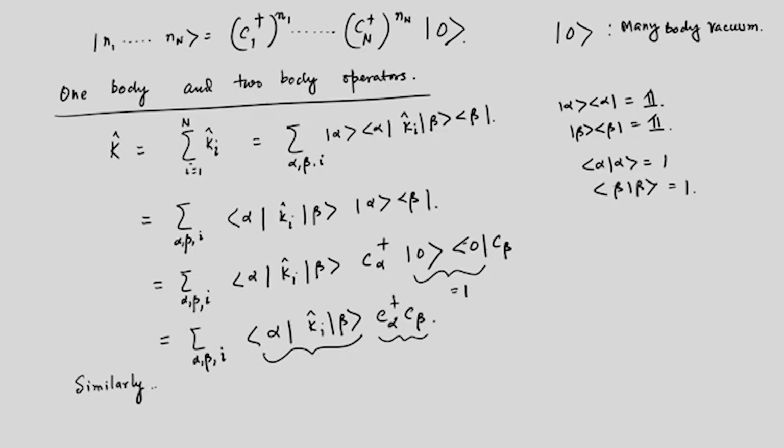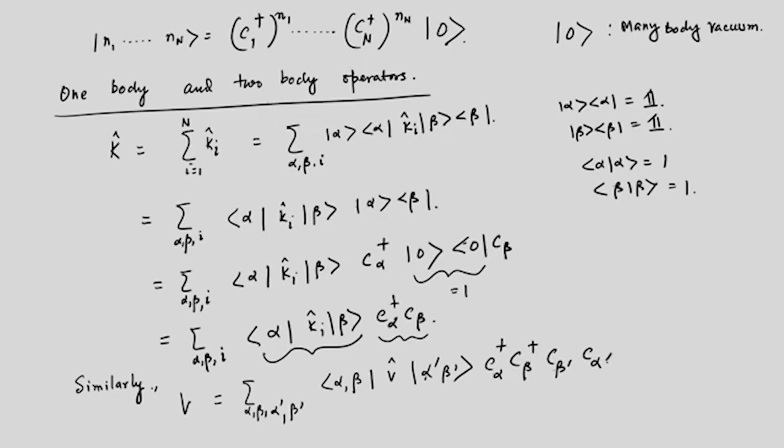We can write this down for the potential energy. So, this V is equal to alpha beta alpha prime beta prime. So, this will be like alpha beta and a V alpha prime beta prime, and this will be like C alpha dagger C beta dagger C beta prime C alpha prime and so on.